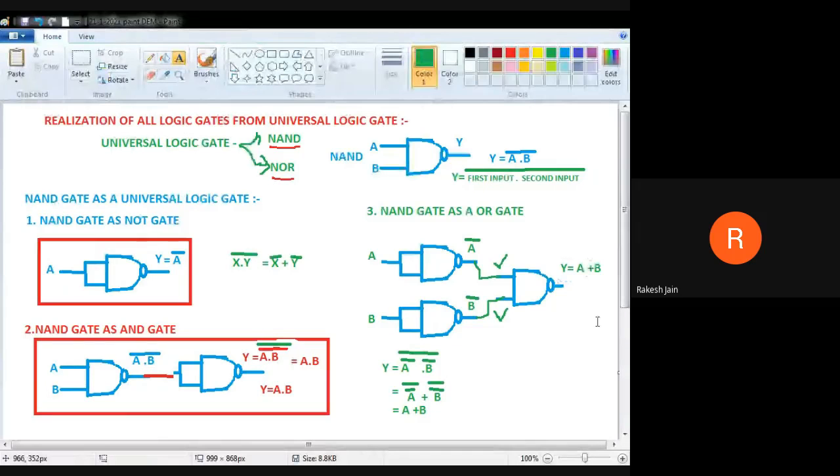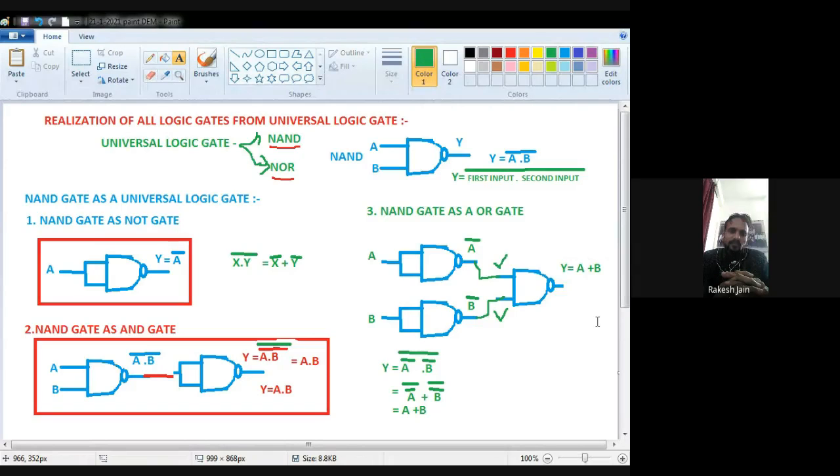Once again I repeat, if I want to convert a NAND gate as a OR gate, I have to use 3 NAND gates, in which the starting 2 NAND gates, taking first input and second input as A and B, behave as a NOT gate by connecting both the inputs with each other of each individual NAND gate.